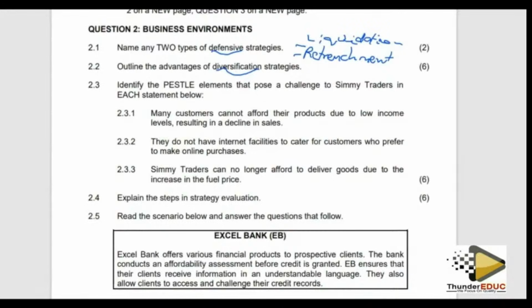The first one: many customers cannot afford their products due to low income levels, resulting in a decline in sales. The moment it addresses the issue of customers, this one calls for what? It calls for social. I explained it already.